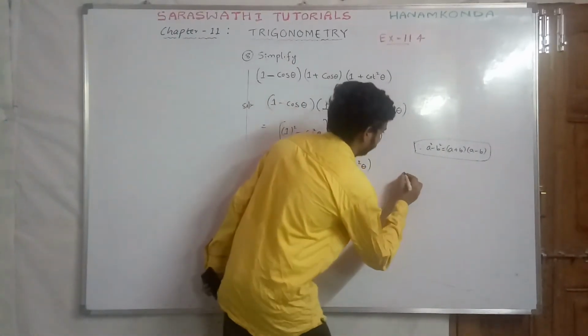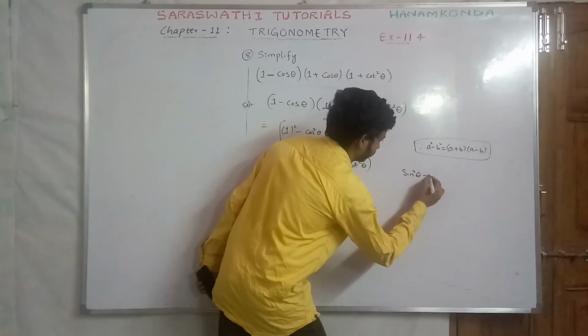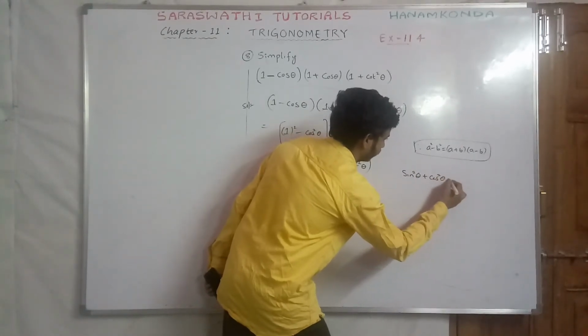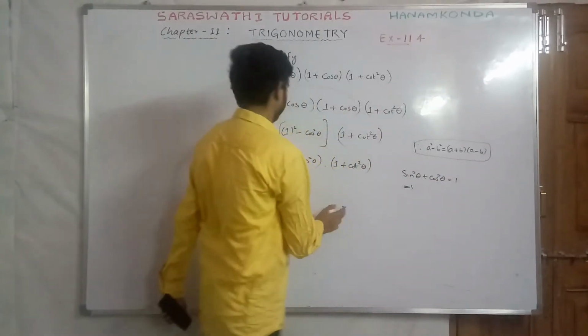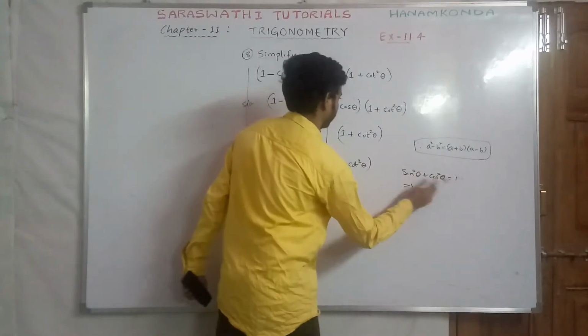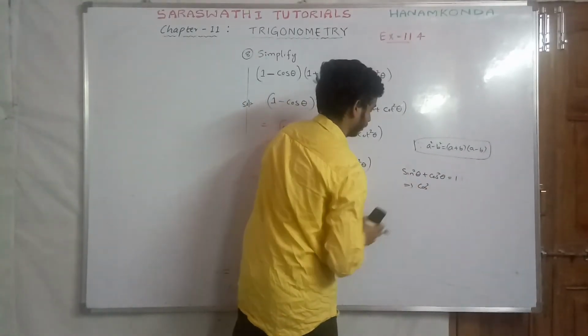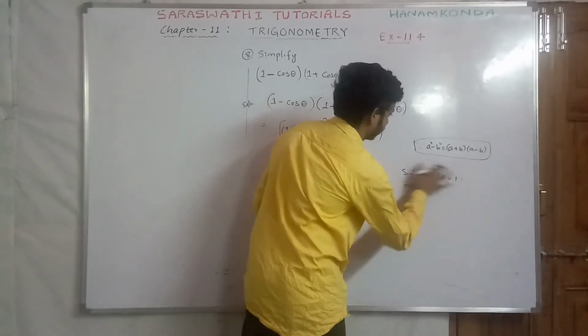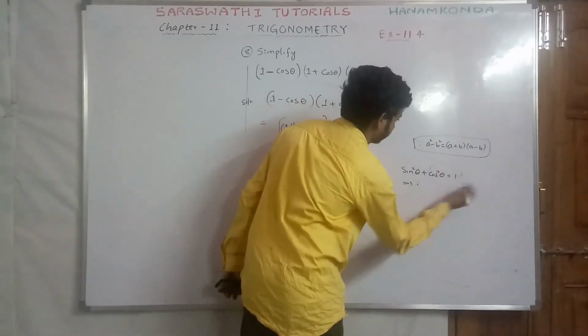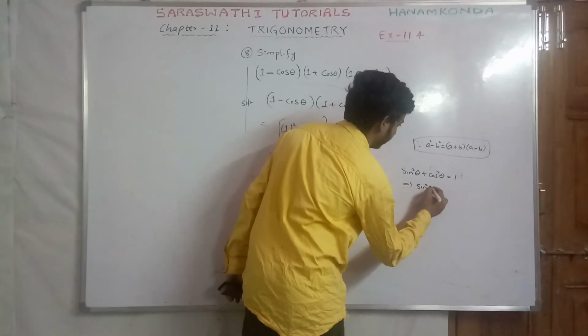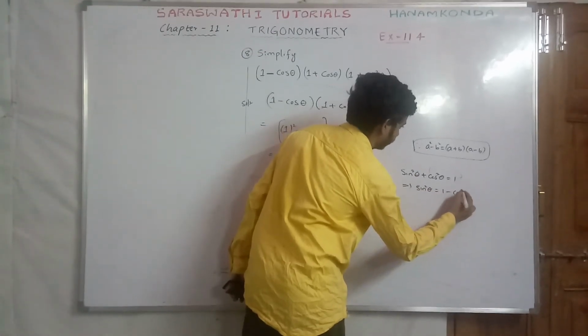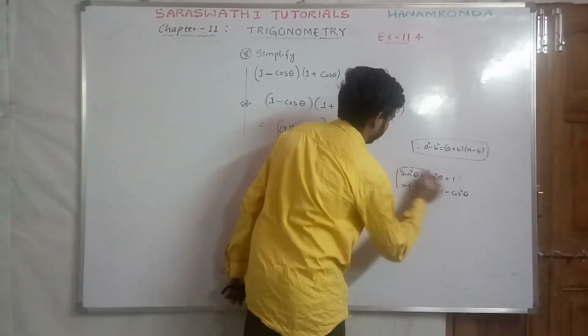We have the trigonometric identity sin square theta plus cos square theta equals 1. If sin square theta goes to the right side, it becomes minus sin square theta, so cos square theta equals 1 minus sin square theta. If cos square theta goes to the right side, it becomes minus cos square theta, so sin square theta can be written as 1 minus cos square theta.